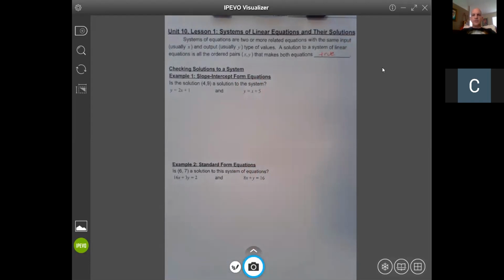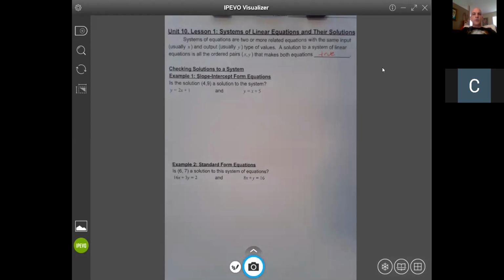So what we are going to do today is look at how we tell whether or not the solution that we got works. We'll look at different ways to find solutions later on in this unit, but to start with, we want to just be able to check our solutions.